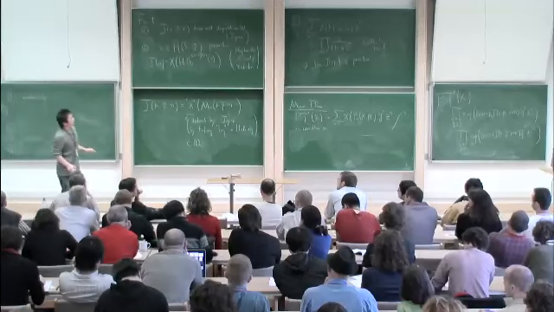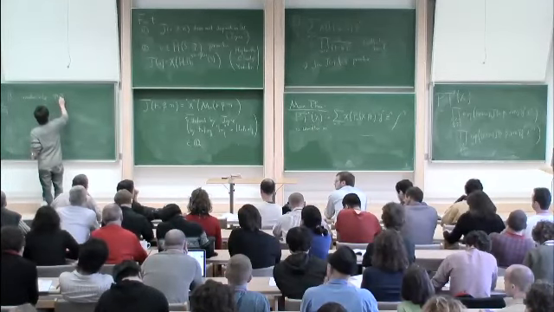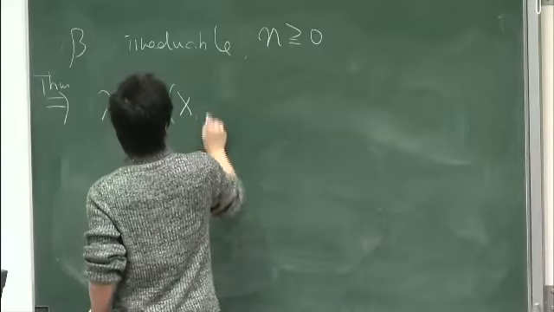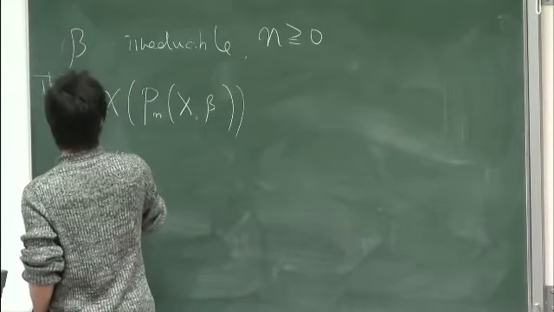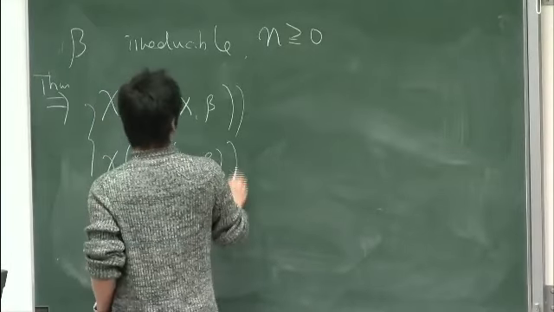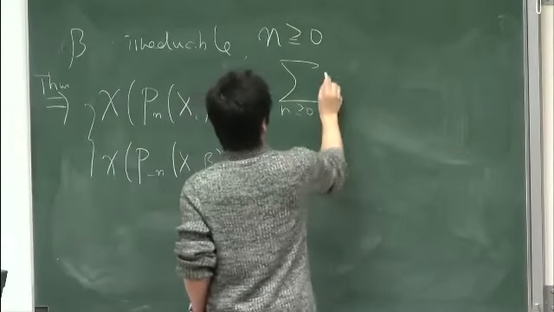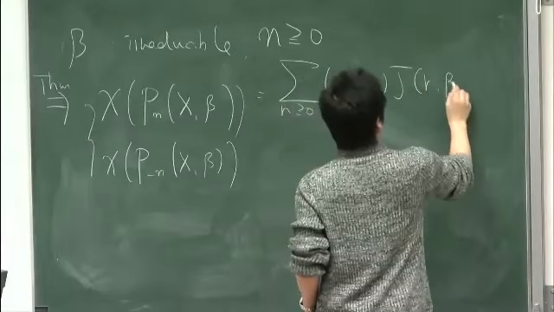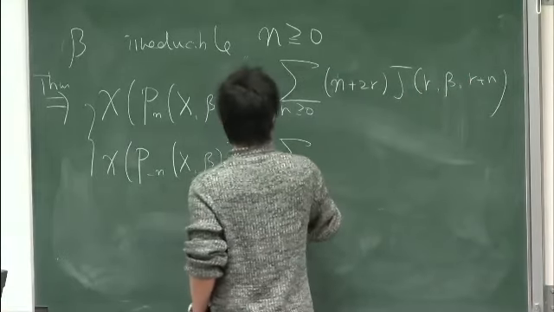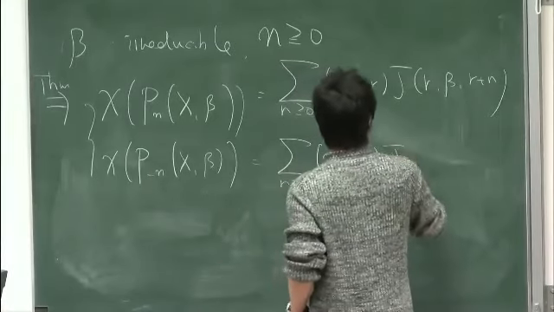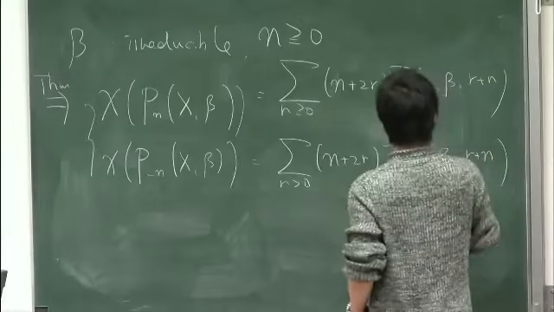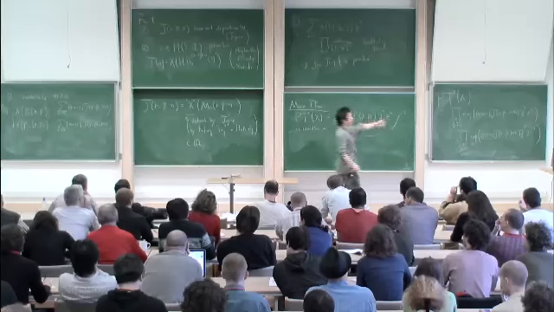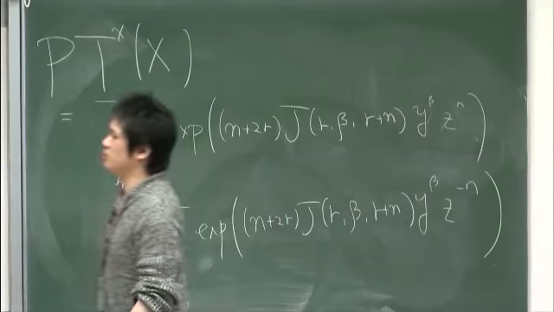So if β is irreducible and n is bigger than or equal to 0, then the theorem implies that this is equal to the sum of J_{(r,β,r+n)}. If β is irreducible, then if you expand this formula, you always just take this part, but you don't have to take the exponential.